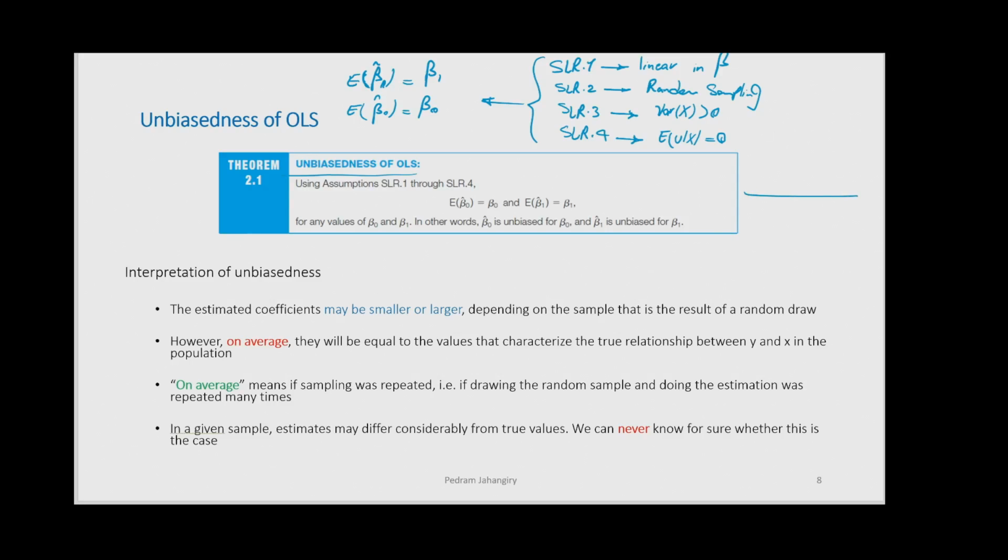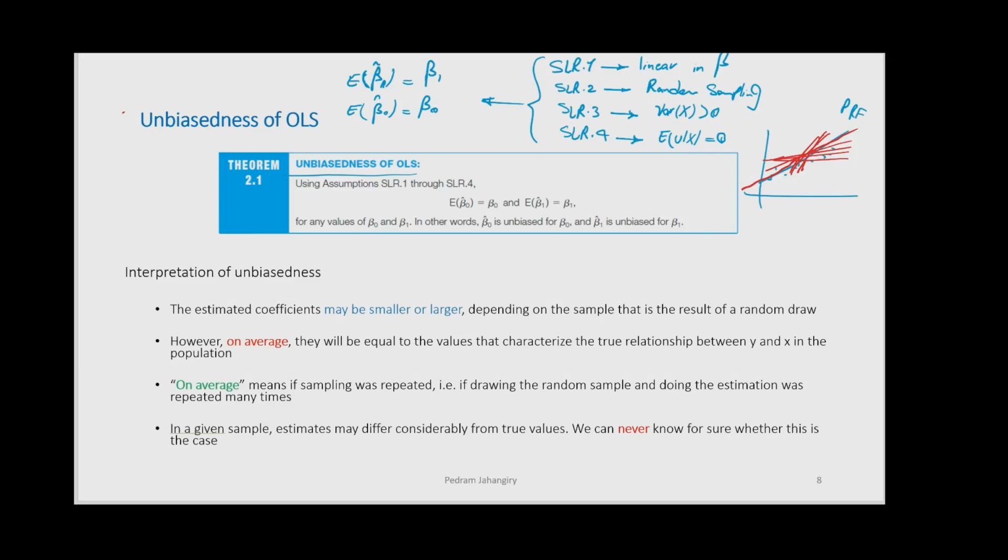So on average, this is my population regression function. And if I do repeated sampling thousands of times, right? On average, if I take the average from all these things, I'm hitting right on the target. And the fun part is that this target is unobservable.